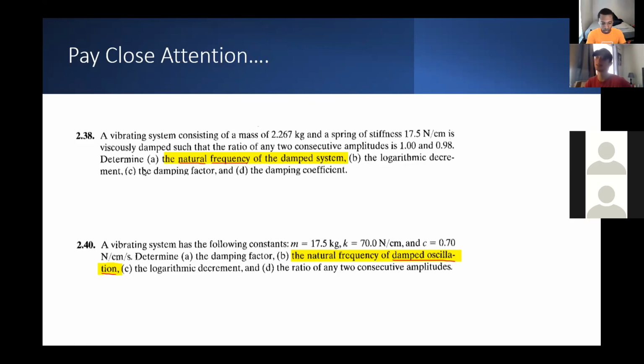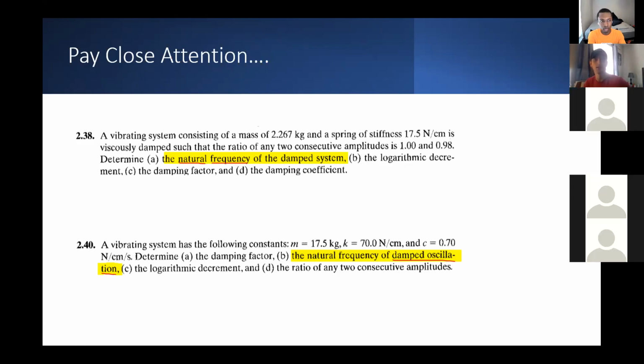So here it asks, determine the natural frequency of the damped system, right? Does anyone know what that is asking? Is that natural frequency, or is that damped natural frequency? Isn't that damped natural frequency? It's actually natural frequency.